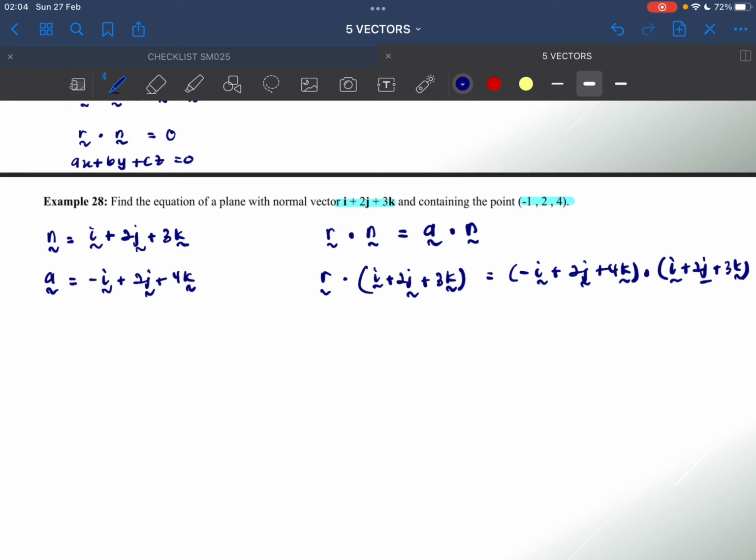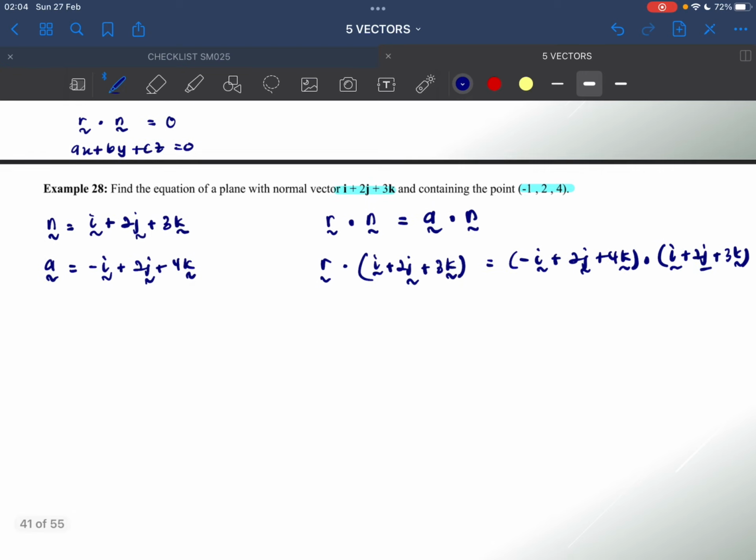Okay, so what we are going to do is solve the dot product on the right hand side here. So as you can see, this is actually your first case. Okay, case 1. So here we have r dot i plus 2j plus 3k.